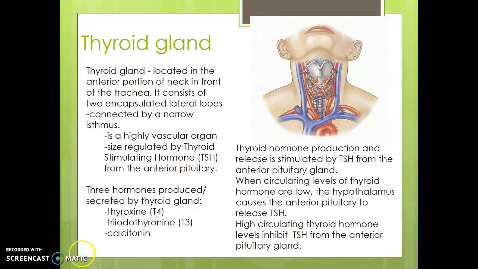So if you think about it, you've got the pituitary gland recognizing the levels of thyroid hormone in the body and responding to send out TSH to the thyroid to stimulate it to make more thyroid hormone when necessary, and when not, it backs down and doesn't produce as much of the stimulating hormone.